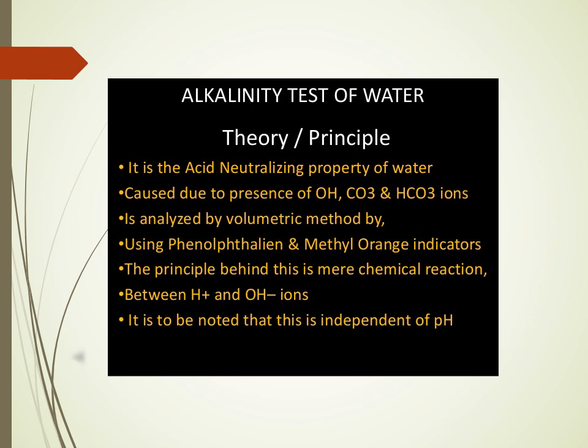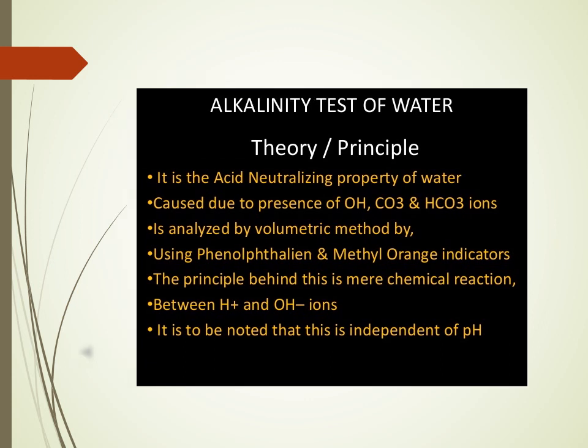Then we add another indicator, methyl orange, to the same conical flask, and continue the titration from the same burette. After adding the methyl orange indicator, the color changes from colorless to yellow, and during the titration we record the end point when the color changes from yellow to red.